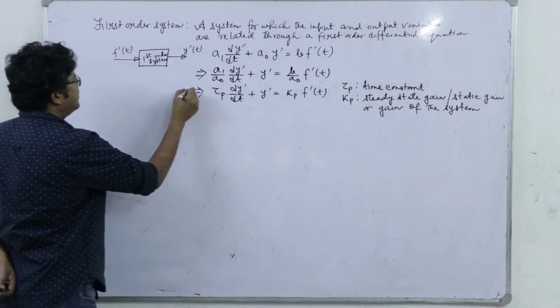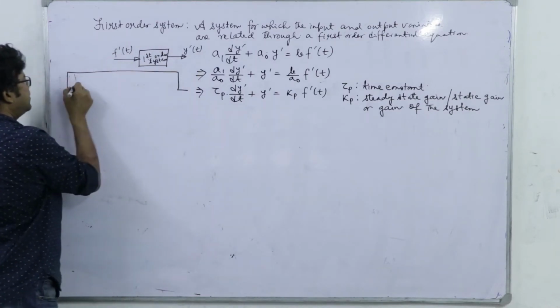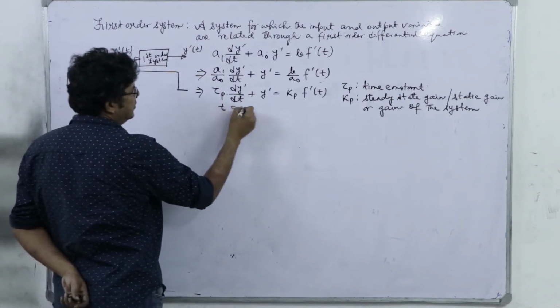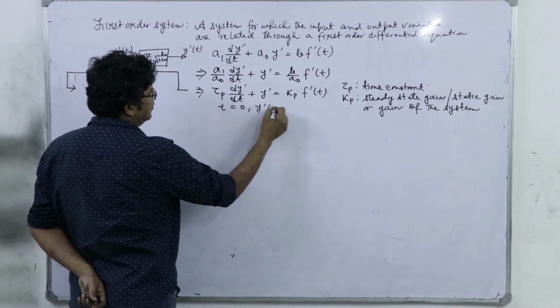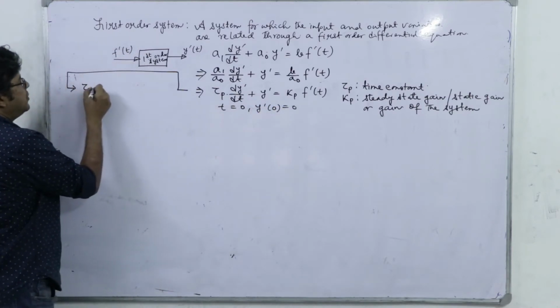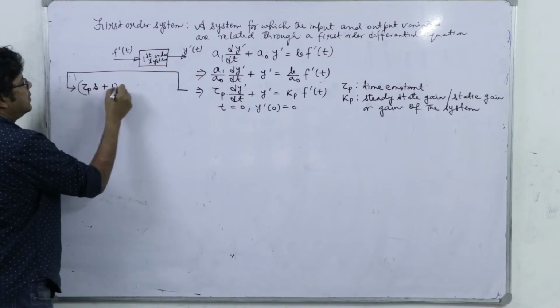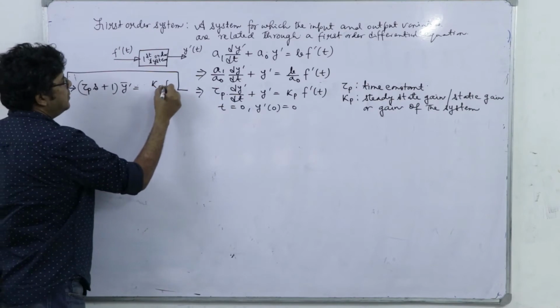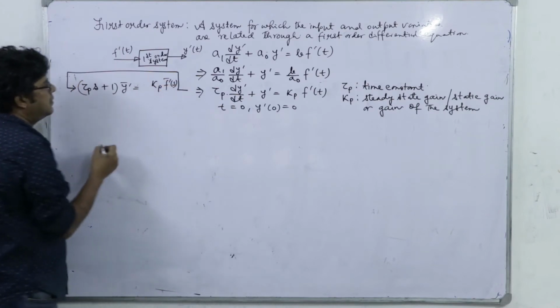Now we go for the Laplace transform. So here the initial condition at t equal to 0, obviously y prime 0 is 0. So tau p into s plus 1 whole bracket y prime is equal to Kp into f prime bar s.